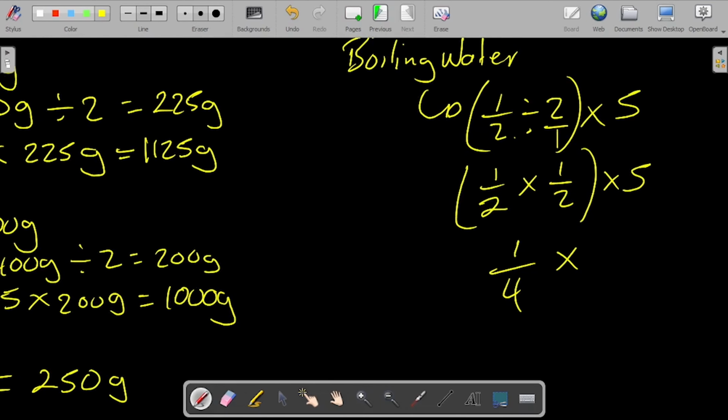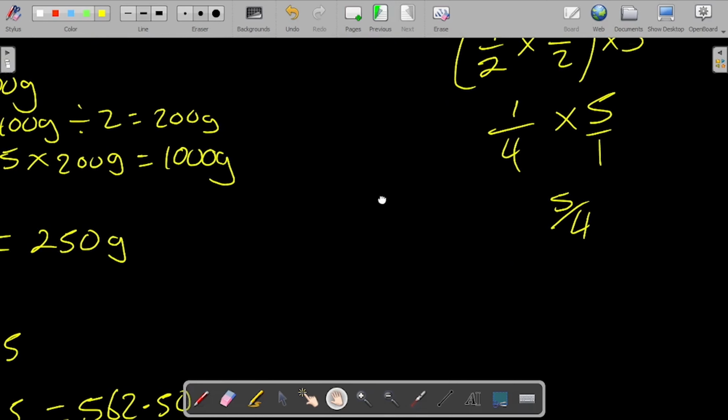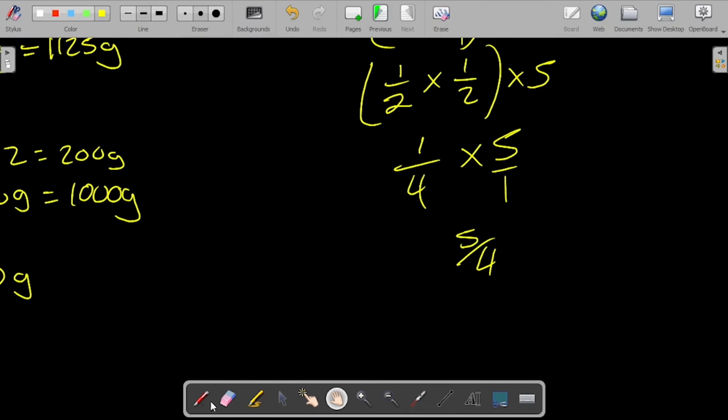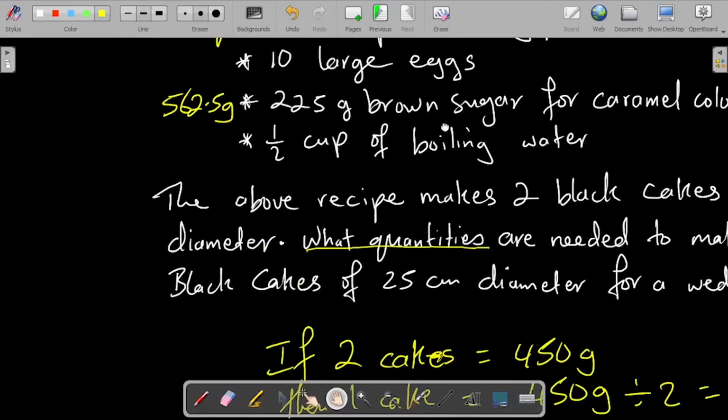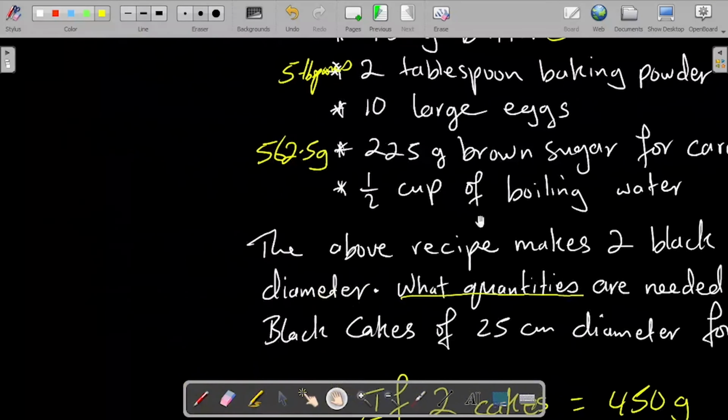And 1 over 4 times 5 over 1 is 5 over 4, which is the same as 1 and a quarter. So that's 1 and a quarter cups of boiling water. That's what would be needed for the 5 black cakes.